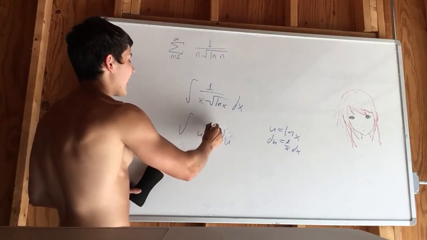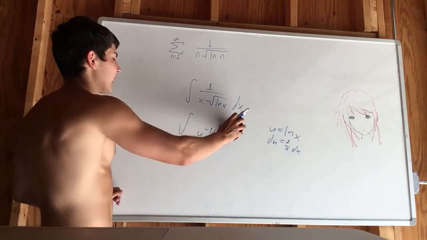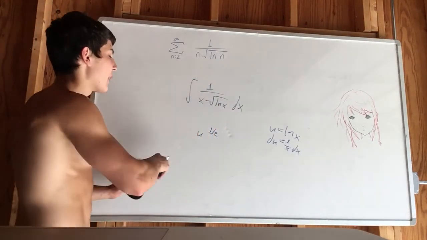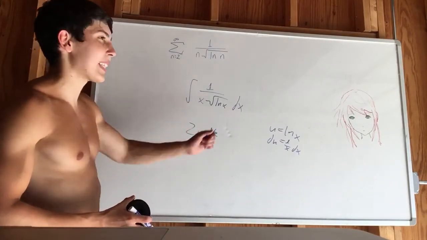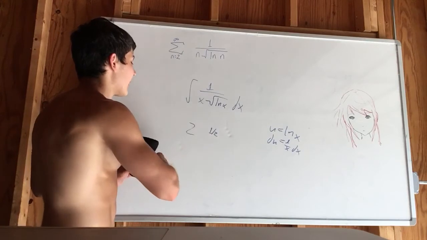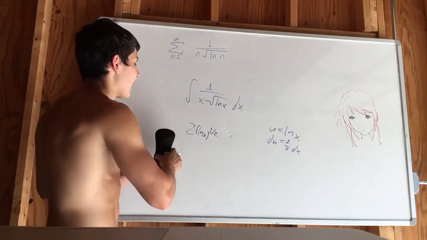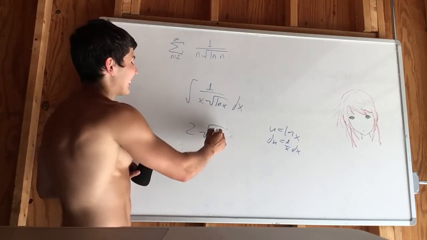When we apply the integral, this is going to give us the power of 1/2, because we add 1 and then divide by that, so we get 2u to the 1/2. We make our back substitution. This is 2 natural log of x to the 1/2, which is the square root of the natural log of x.